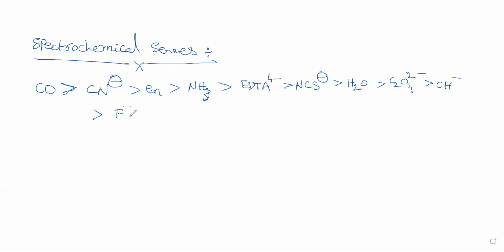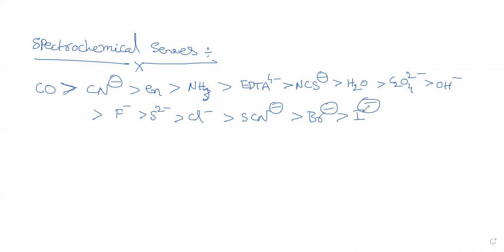From F minus onwards, they are all weak field. S2 minus, I'll tell you what is weak field and strong field. Cl minus, SCN minus, and Br minus and I minus.